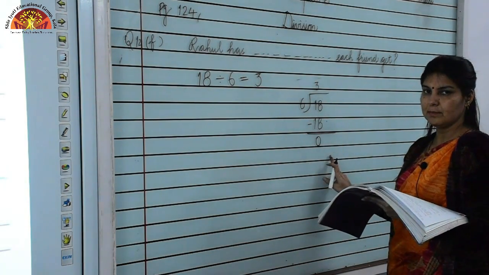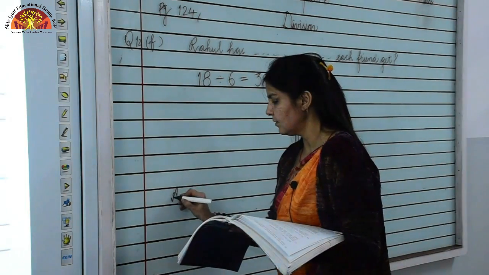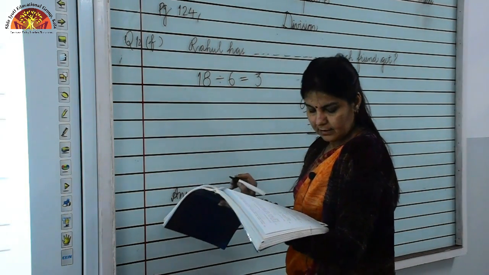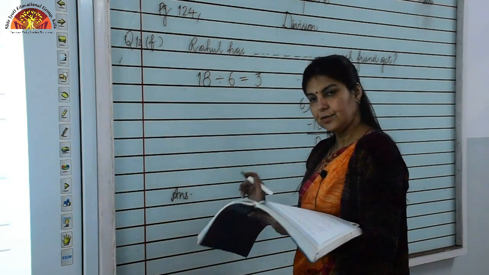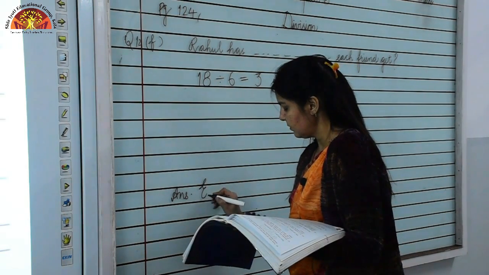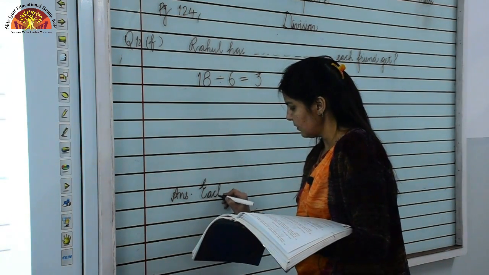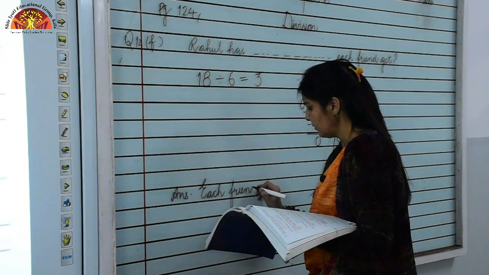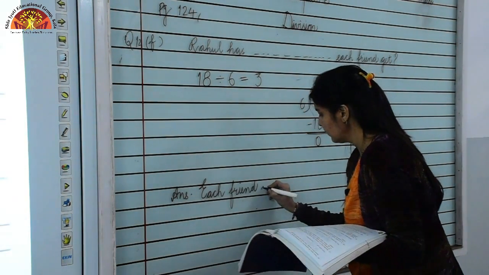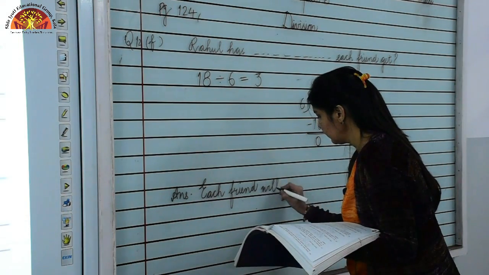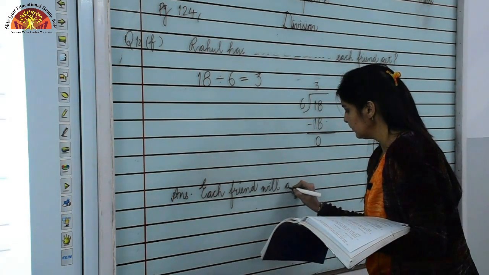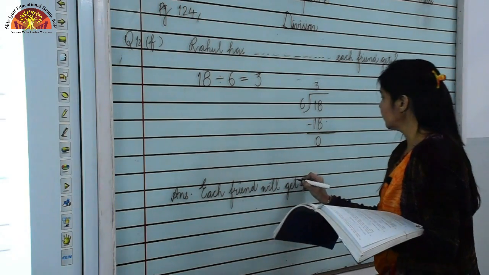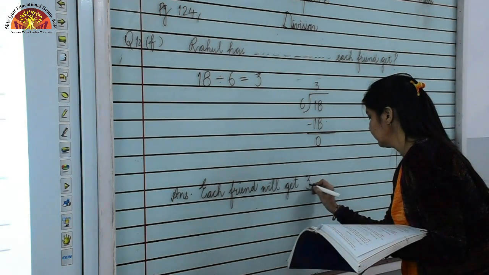This 0 is the remainder. So children, the answer is each friend will get 3 samosas.